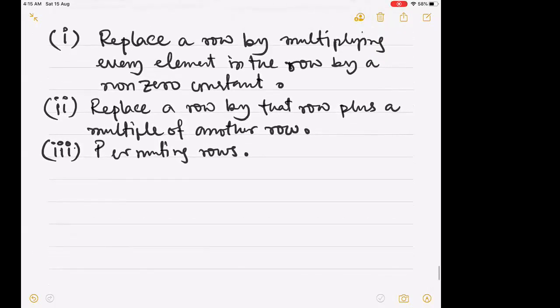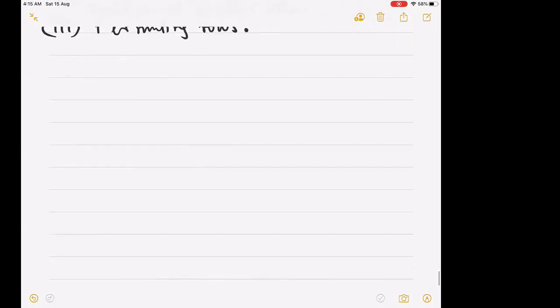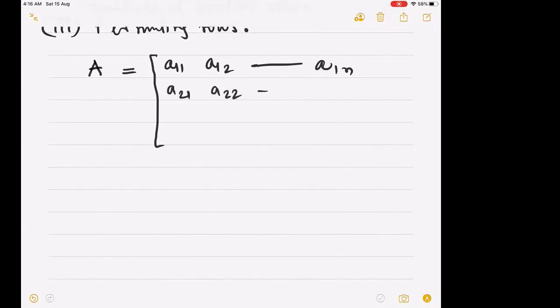We're replacing a row by a multiple of that. Think of the matrix A, which is nothing but a11, a12. I'm writing this matrix again and again, and I will keep doing that throughout the course, so you should not get tired of it.